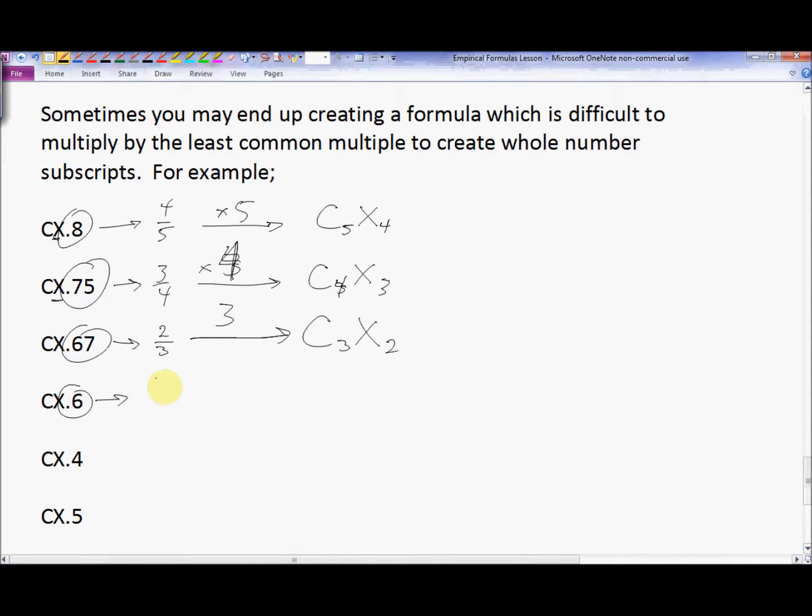Multiply by 5, C5X3. 0.4, recognize that to be 2/5. Multiply by 5, C5X2. 0.5, we know we've done an example like that, so that's going to be C2X.